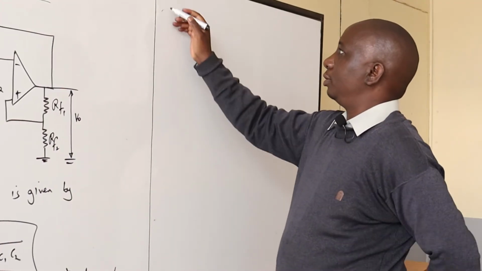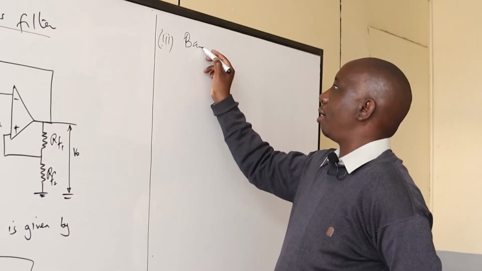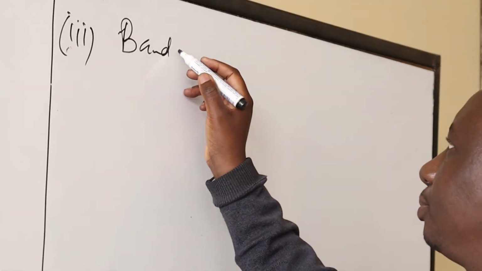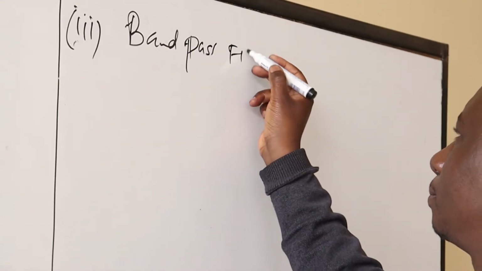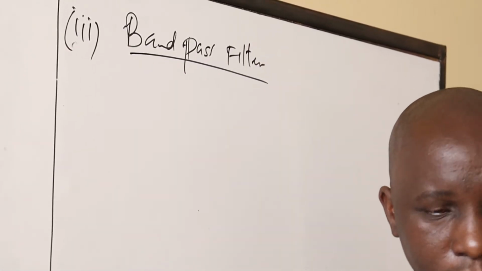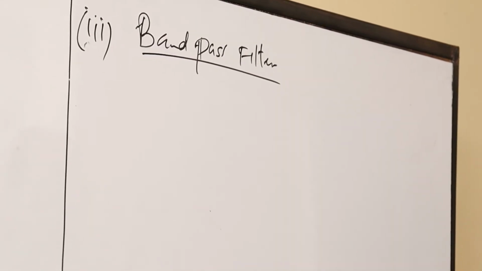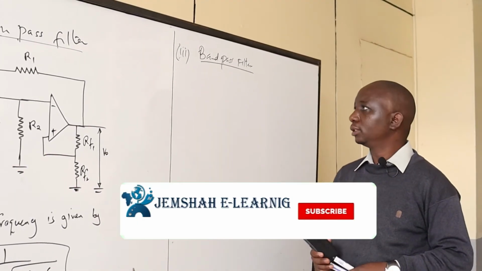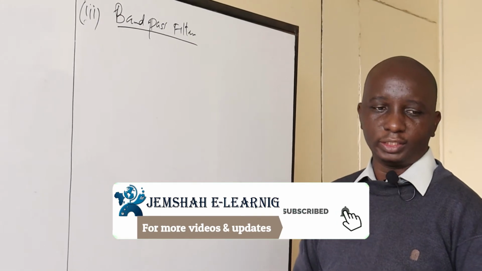So we're going to study another type of application, the band pass filter. The band pass filter will allow frequencies of a certain range to pass and block frequencies outside the wanted range.